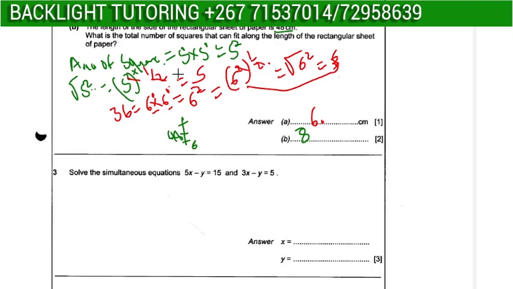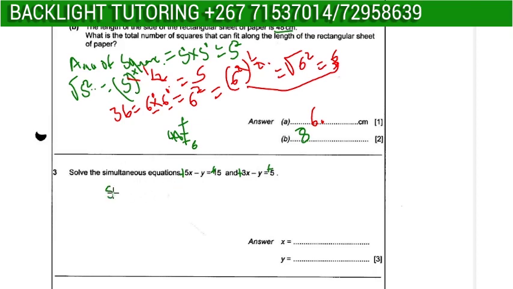So let's go for question 3. Solve the simultaneous equations. Before you can start working on this one, make sure to label them like this. 5x, put plus if there are no minus. For 15, put plus if there are no minus. 3x, no minus, just put plus, and then you rewrite this.